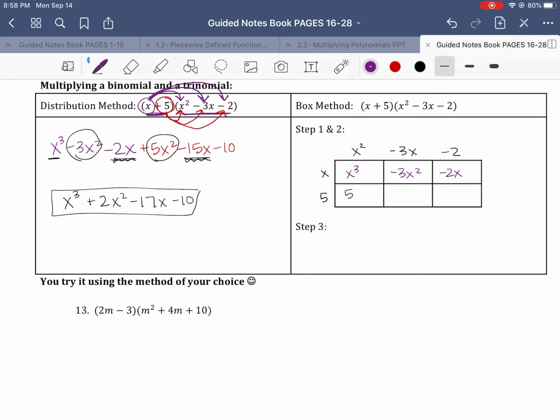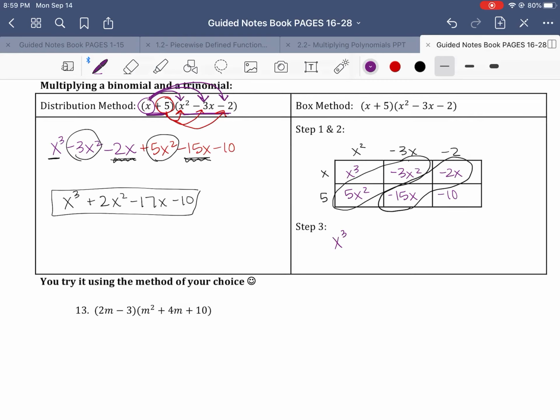The next row, 5 times x squared is 5x squared. 5 times negative 3x, negative 15x. And 5 times negative 2 is negative 10. Notice again those diagonals. Here's our x squared pieces, and if you didn't get x squared pieces on your diagonal, then you need to check back at what you multiplied.